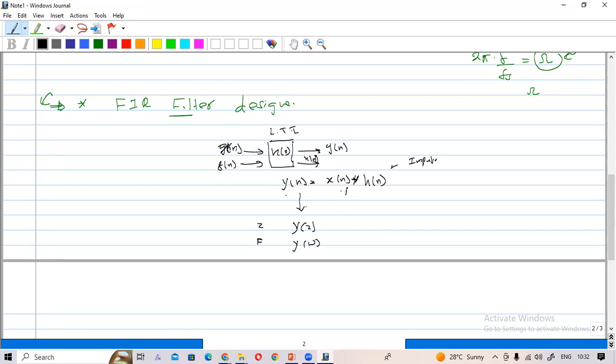Then you take the Fourier transform or Z transform of x(n), that is X(z) or X(omega). X(z) is the complex domain signal and X(omega) is the frequency domain signal.